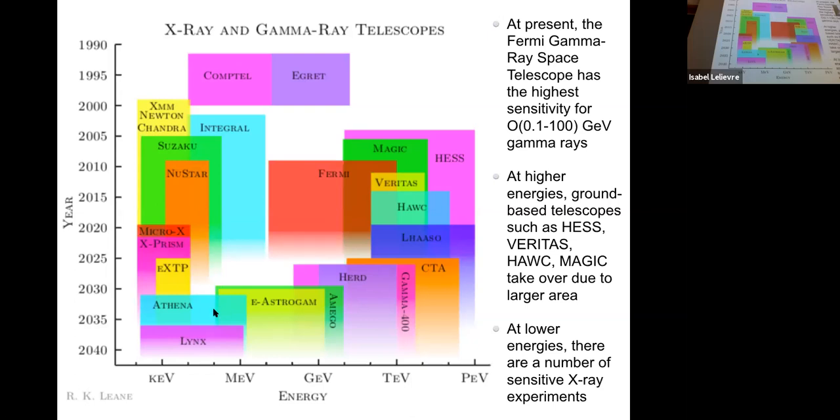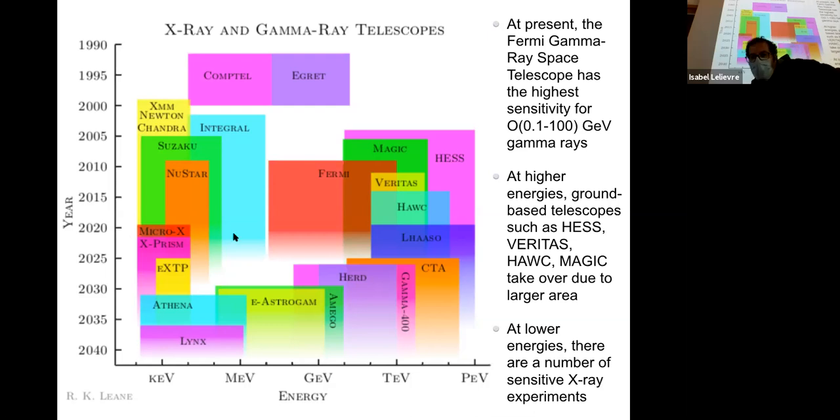All of these plots are taken from this nice review that Rebecca Leane wrote last year, which has a nice summary with references of a lot of the upcoming telescopes. So in X-rays, the axes here are the year in which the telescope was active, and the energy which the telescope is sensitive to.